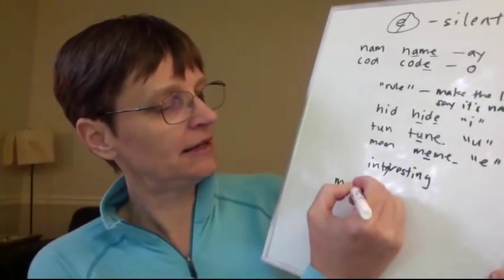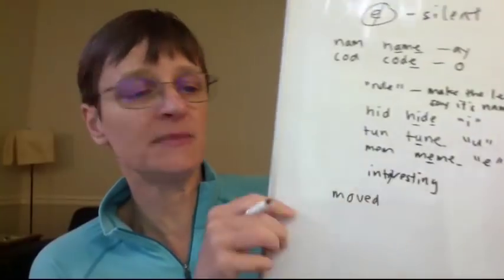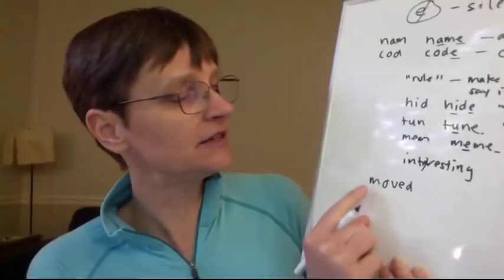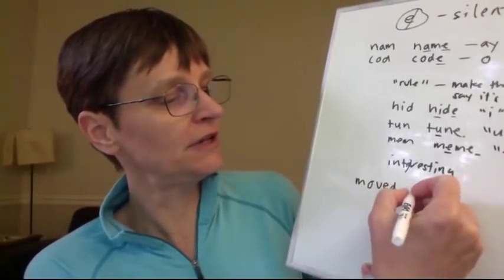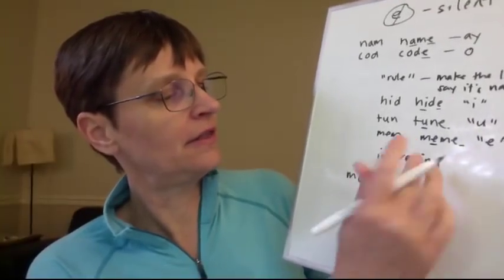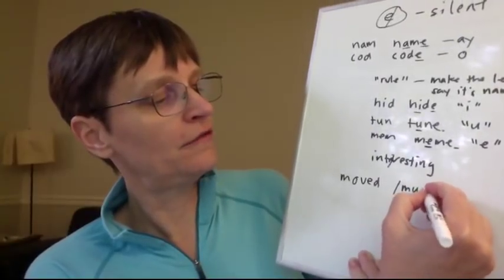Similarly, in words where I add the letters ed to make something past tense, sometimes that E is silent. I don't say moved, I say moved. So really the sounds in that word are the m, the u, the v, and the d.